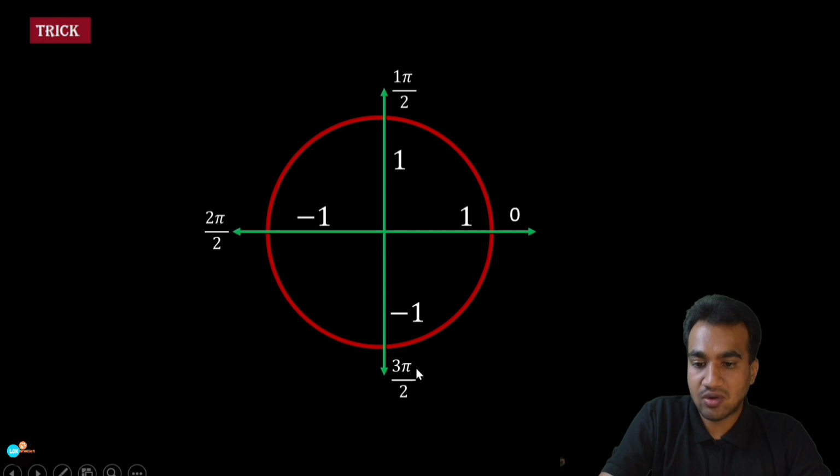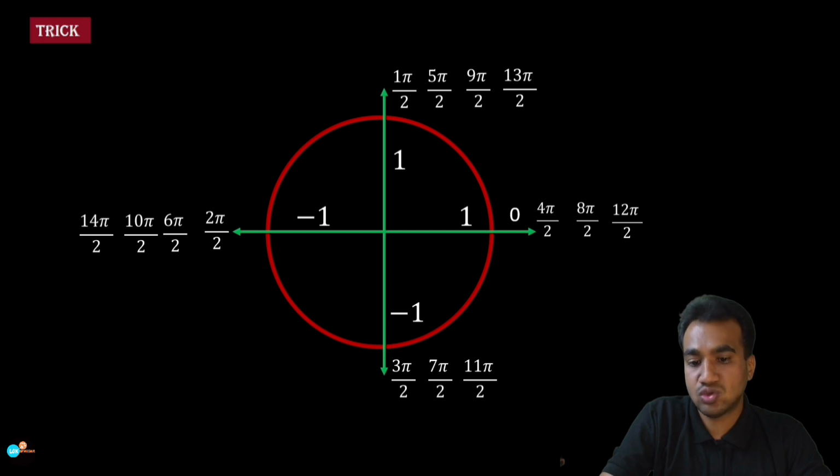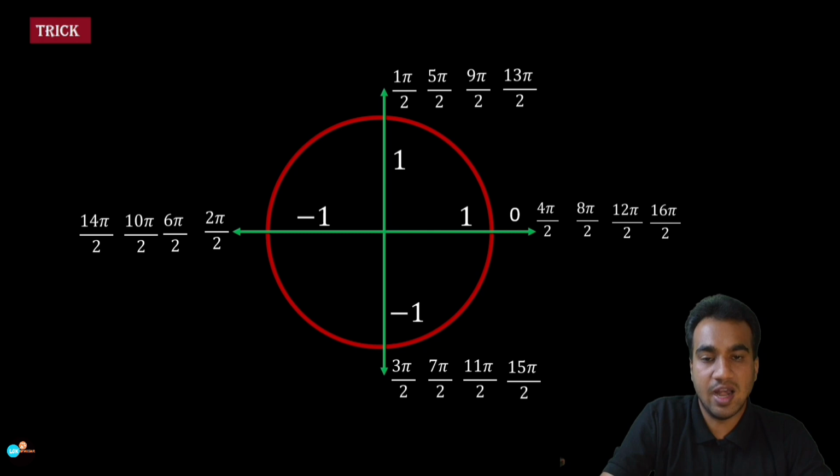After 2 pi by 2 is 3 pi by 2, later it is 4 pi by 2, next 5 pi by 2, 6 pi by 2, 7 pi by 2, 8 pi by 2. See, I'm just giving the names in steps of 1: 11 pi by 2, 12 pi by 2, 13 pi by 2, and so on.